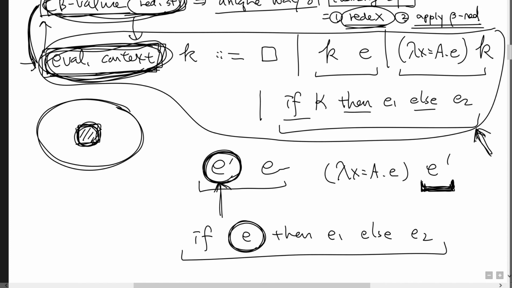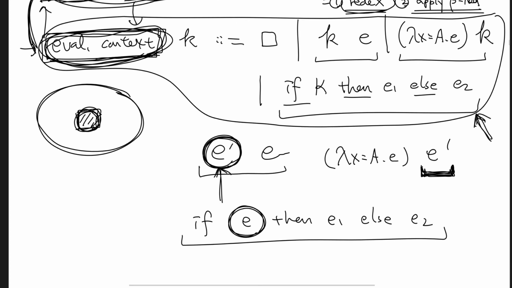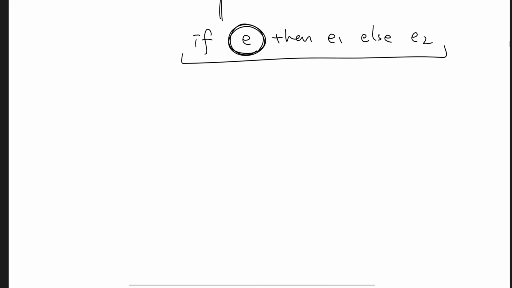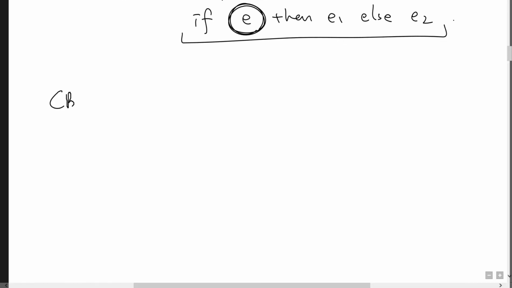And the course notes give another example. So for example, what is the evaluation context corresponding to call by name? It's very simple again.